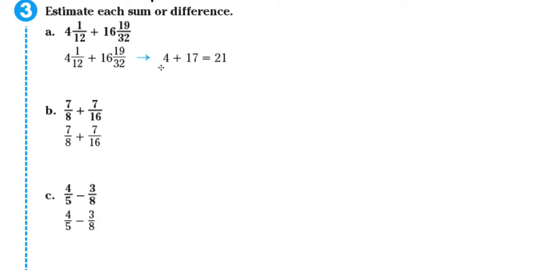Why do we know it's 4? Because in this case now, your fraction 1 over 12 is either rounded to 1 or to 0, because you're rounding to the nearest whole number. But if we look at this one closely, let's not make a number line, let's just make a line.